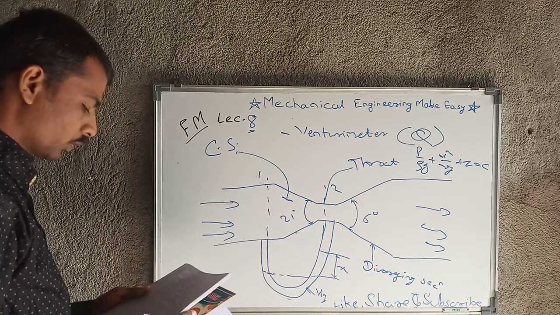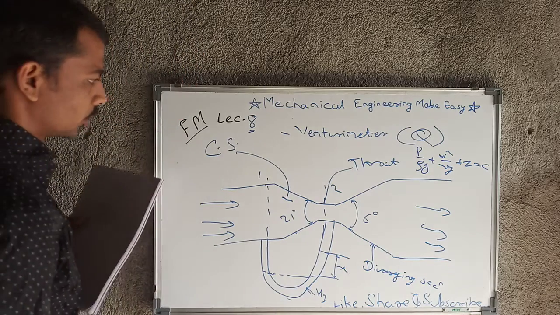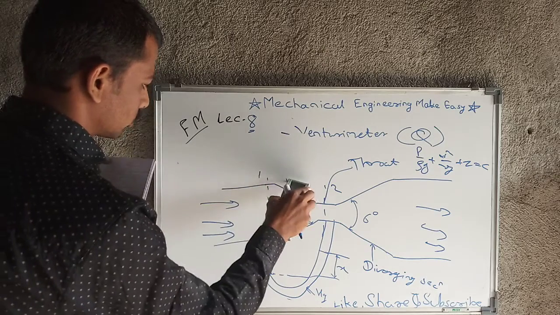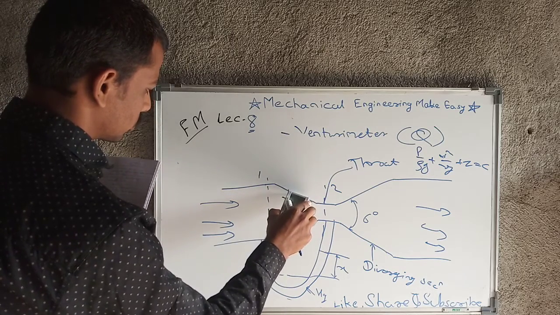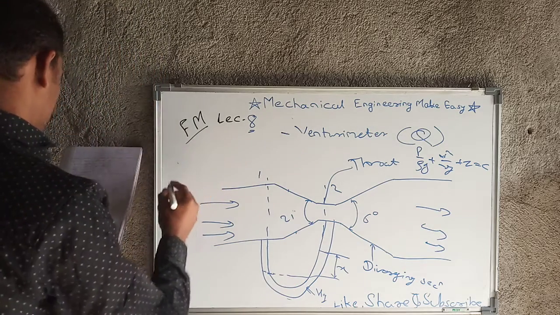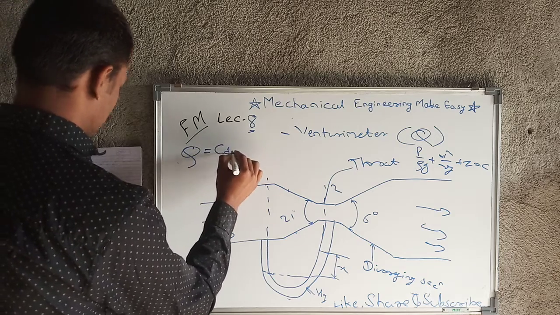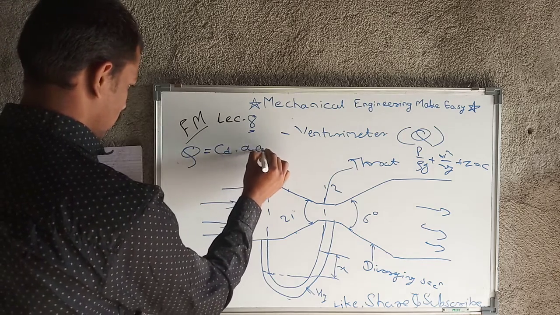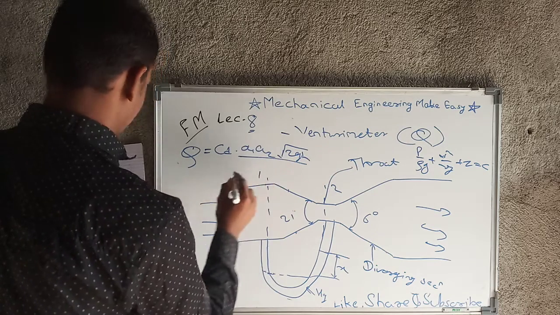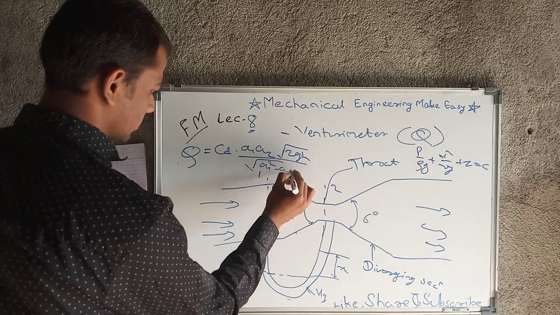Okay, and how we are going to calculate, first draw this figure because I don't have space. So I will try to give you that equation here. That is nothing but Q is equal to CD into A1 A2 under root of 2gh divided by under root of A1 square minus A2 square.